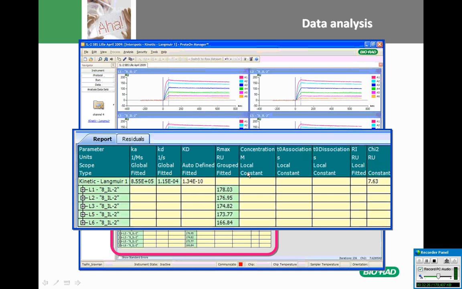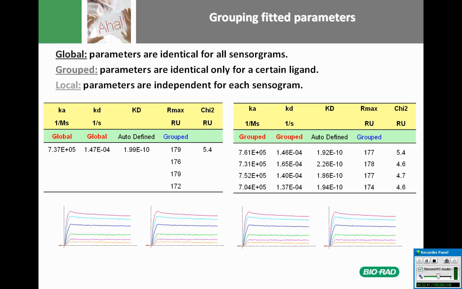And now you need to do data fitting to determine the Ka, the association rate constant, the Kd, the dissociation rate constant, and the affinity constant. And the software gives you flexibility to determine how those parameters will be defined.